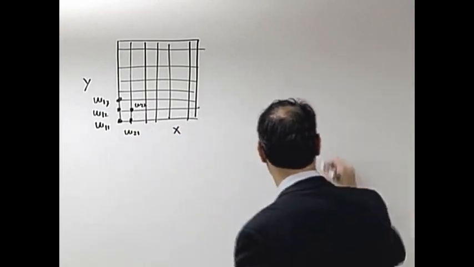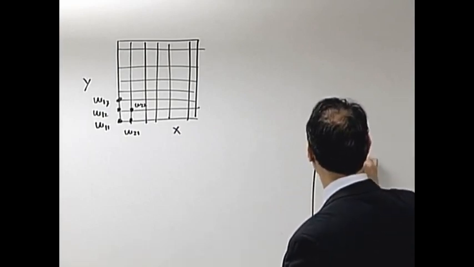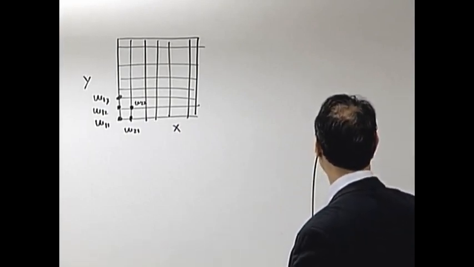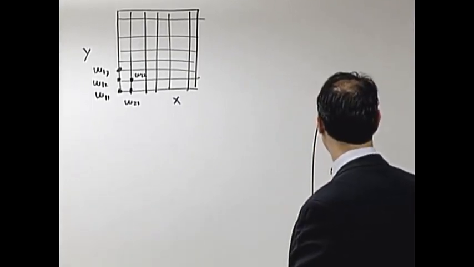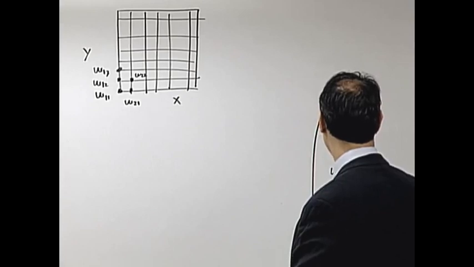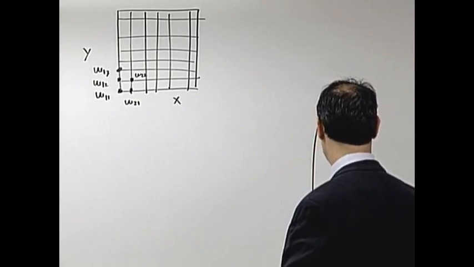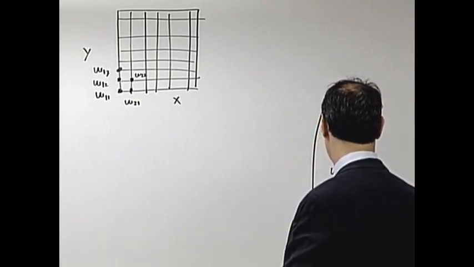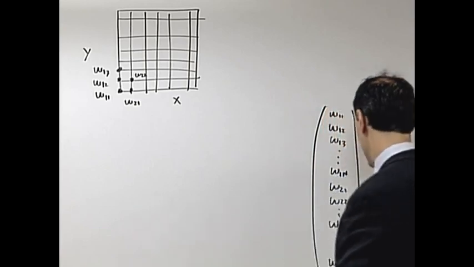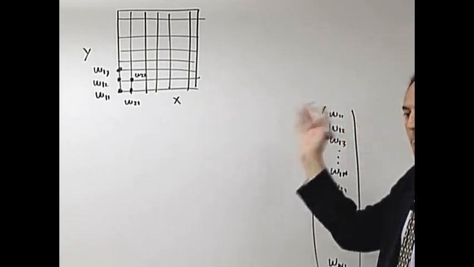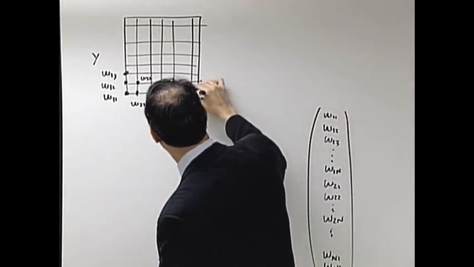I stacked it like the following: omega 1,1, omega 1,2, omega 1,3, all the way up to omega 1,n. And omega 2,1, omega 2,2, all the way to omega 2,n. And then omega n1, omega n2, all the way to omega n,n. So we're going to cut it up like a square. Actually, that's my n plus first point, and my nth point is here.